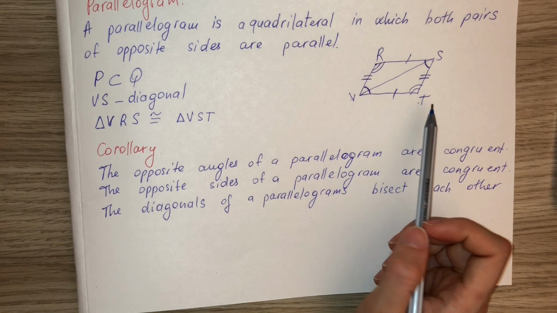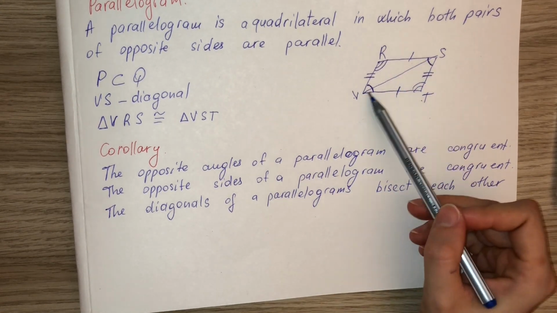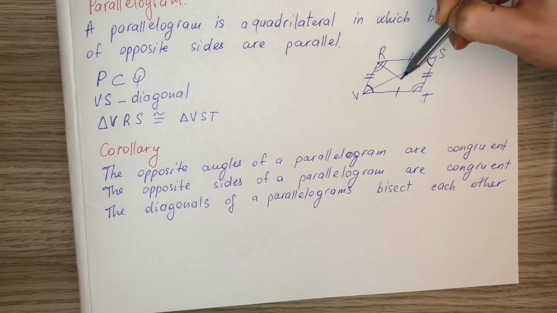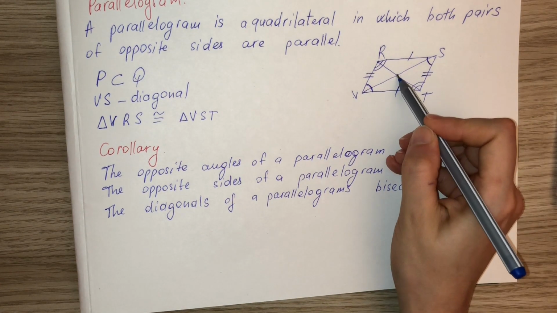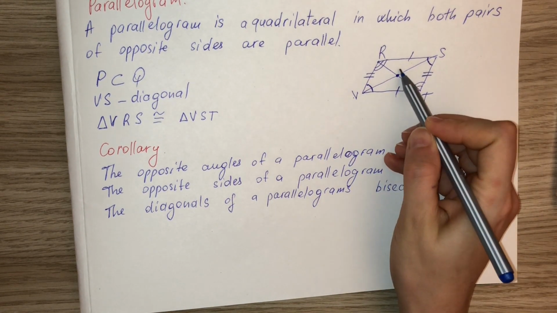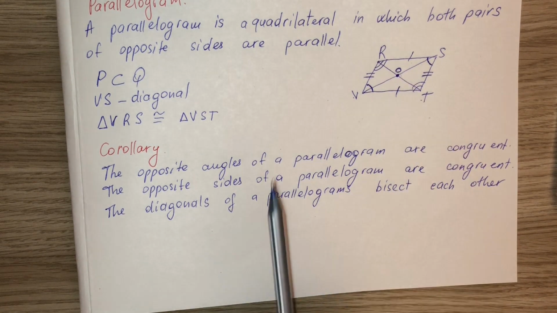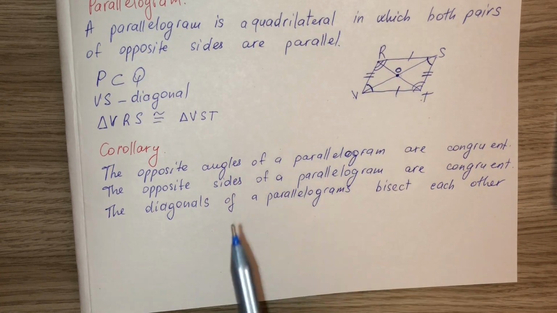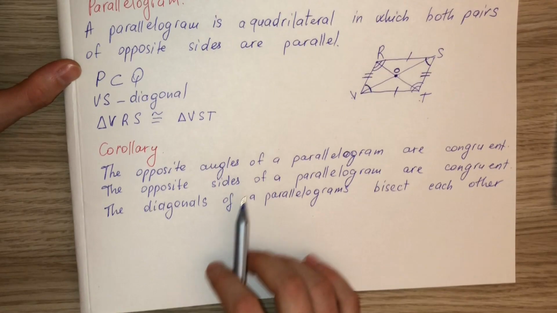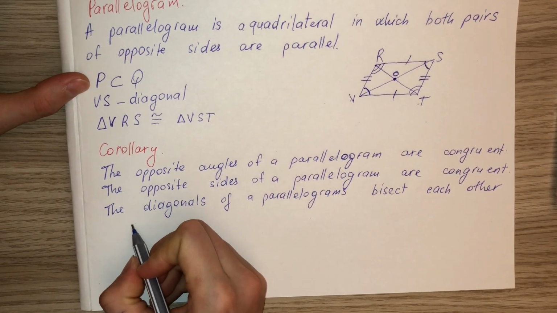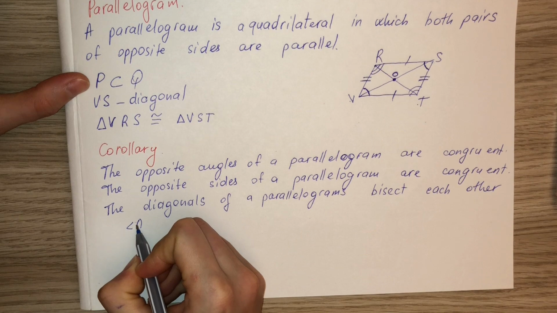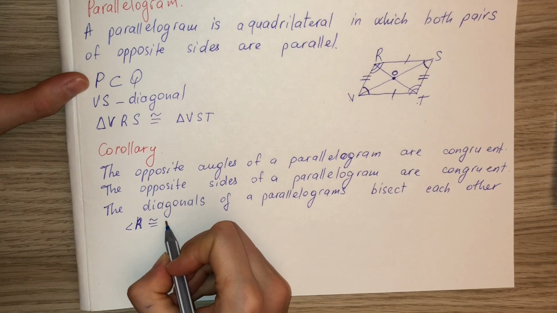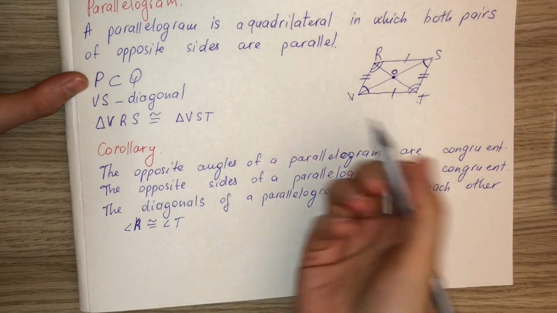Also, the diagonal VS bisects the diagonal RT. Okay, here let it be the point O. VO is equal to OS, also RO is equal to OT. Let's write the angle R is congruent to angle T, or equal.